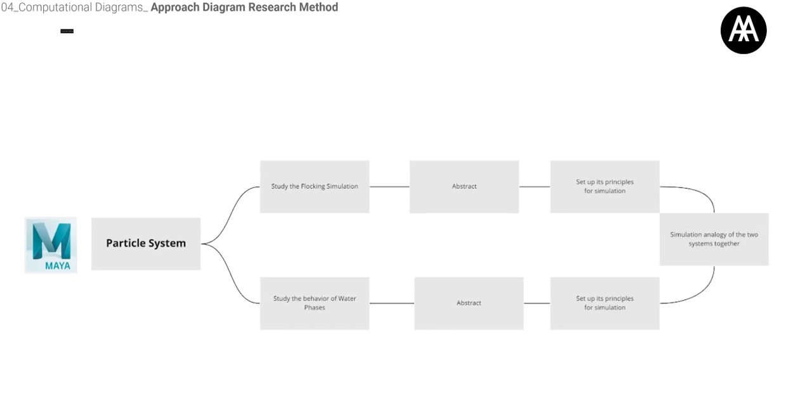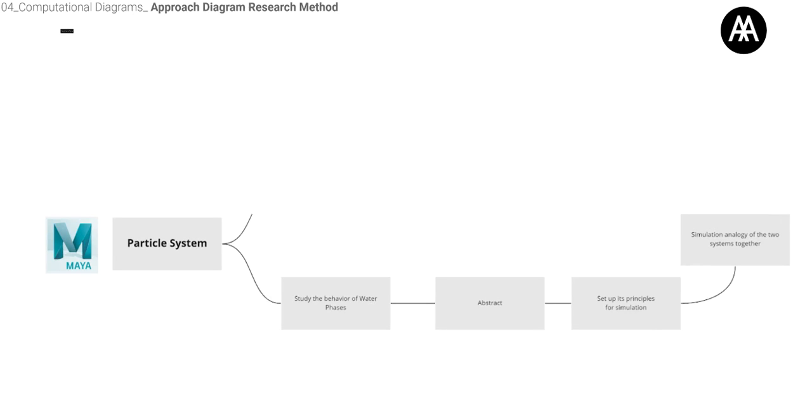And we tried to draw a simulation analogy of the two systems together, which was quite, I don't know. We made it as simple as we can so that we understand how the particles behave during each water phase. So our simulations are basically simple at this moment.